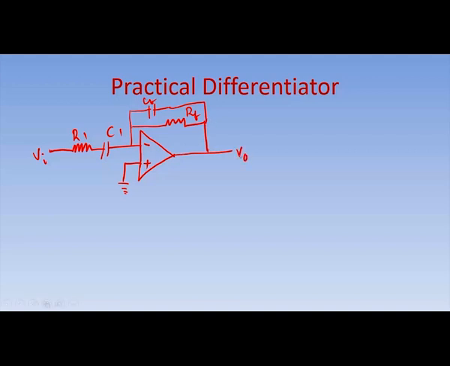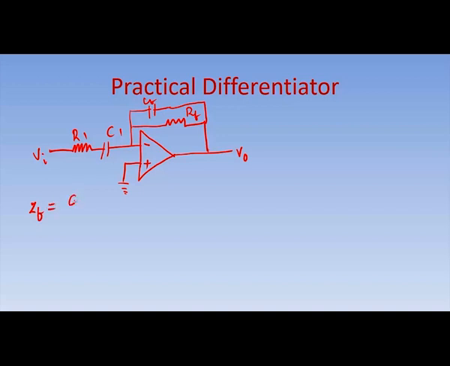across which there is a capacitor, say this is CF, connected to the output. So, this is a practical differentiator circuit, for which we have to calculate again the gain of the circuit, and how the circuit is used to overcome the limitations produced by the ideal differentiator. These two passive components CF and RF are in parallel. So, this is considered as ZF, the parallel combination of CF and RF.